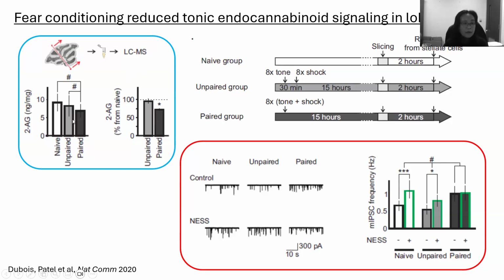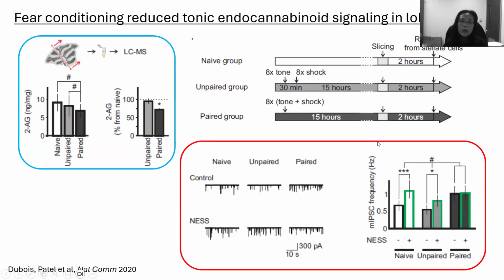But after fear conditioning, the level was reduced. If we normalize the 2-AG level to the naive control, we see that the conditioned group has about a 20 to 30% decrease in overall 2-AG levels.